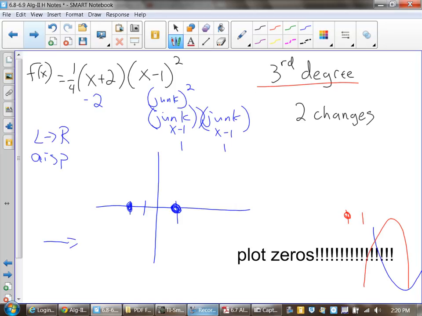Here's what happens. It is increasing because the a is positive. Through that, it has to change direction to stop here. Since that's the next 0 and it's repeated, it has to go back up. So you have 2 changes of direction for a third degree polynomial.